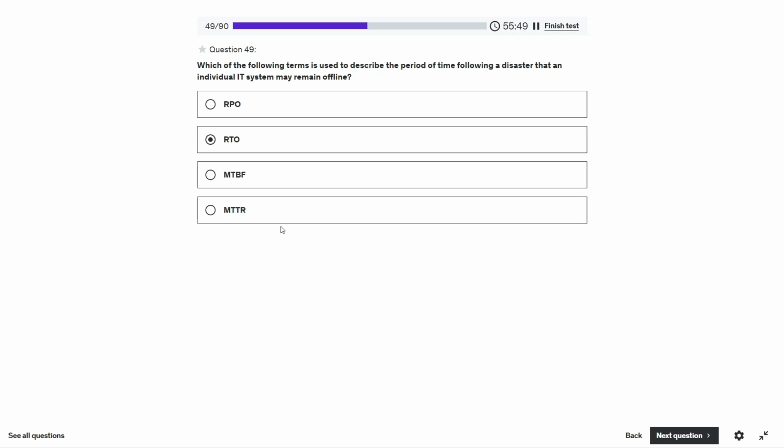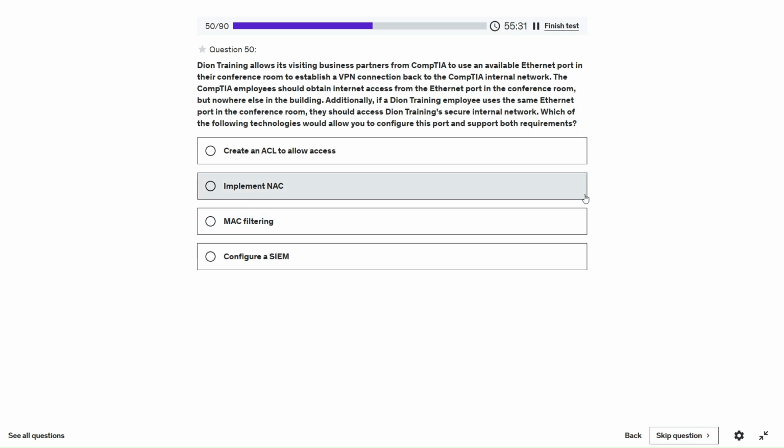Mean time to repair is the total time to repair the system. Mean time between failures is a different thing. And RPO, recovery point objective, is also a different thing. RTO actually gives information regarding the time you can be offline.